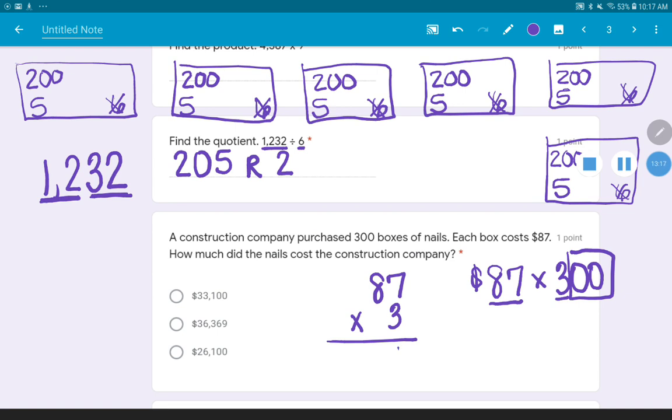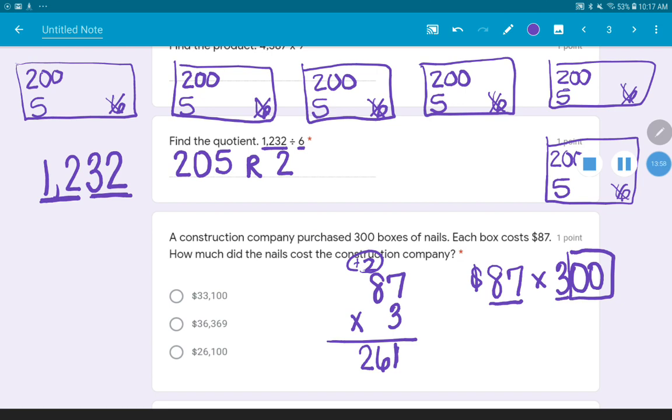Put your 1 below, and then you put your 2 in front, and then you do 3 times 8, and that would be 24 plus these 2 up here. Put that together. So 24 plus 2 is 26. So 87 times 3 is 261.